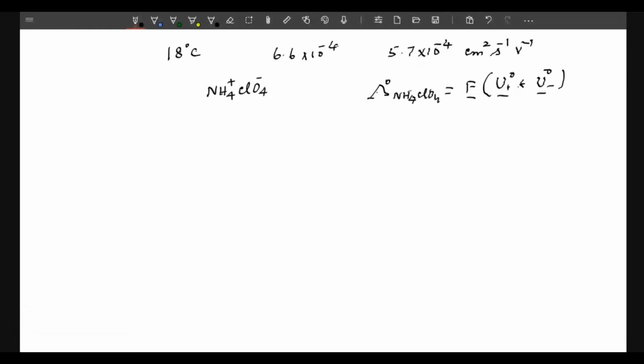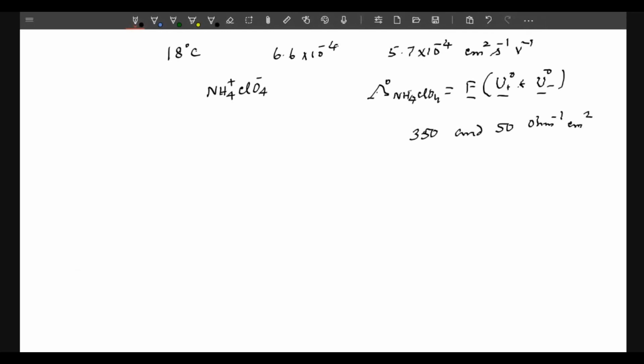Take down the next problem, somewhat difficult, not difficult, but compared to the previous problem. For H+ and the sodium plus ion, the equivalent ionic conductance values at infinite dilution are 350 and 50 per ohm centimeter square per equivalent.